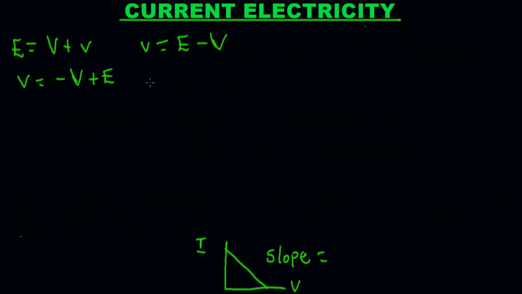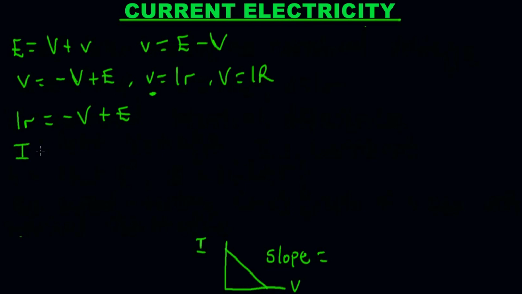Now let's substitute. Since we know that this small v, the lost voltage, is equal to current times the internal resistance, we have Ir is equal to minus V plus E. So making I the subject, let I stand alone, that's the current.